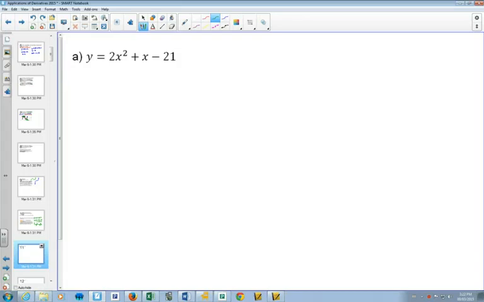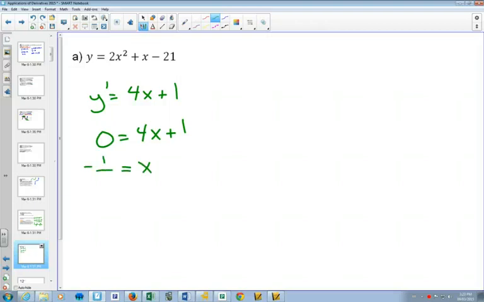If we figure out the derivative of this, we will get 4x plus 1. Setting that equal to 0 and solving, move the 1 over, divide by 4. We will get x equals negative 1/4. That's going to be a stationary point.